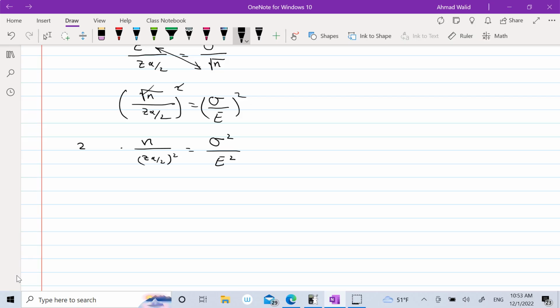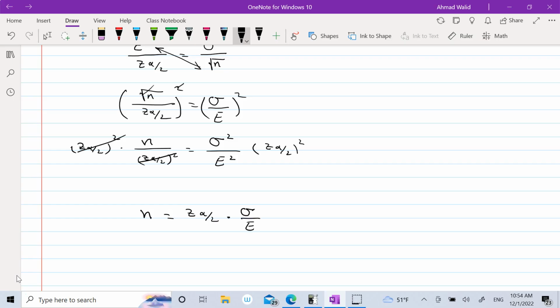Multiplying both sides by Z alpha over 2 squared, because I'm solving for n, correct? These two cancel out. Then I can create a formula for you as n equals Z alpha over 2 times sigma over E.